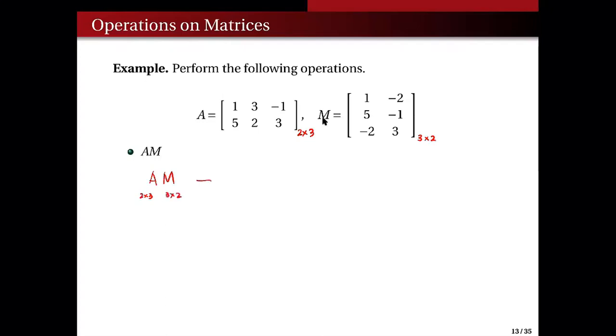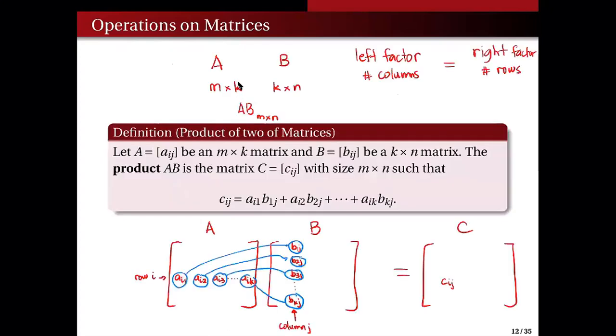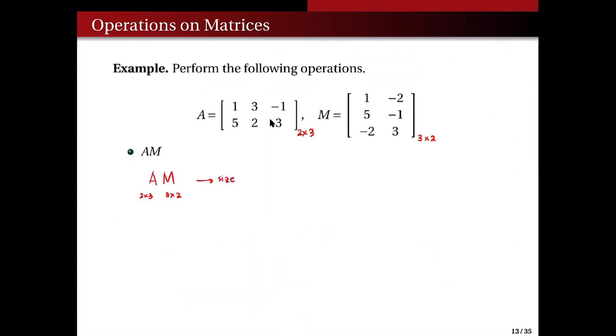So the product will have size... remember this? It's like you are removing the K, the one in the middle here, and you'll be left with the outer numbers, M by N. So in here, we drop this 3 and we'll be left with this 2 by 2.